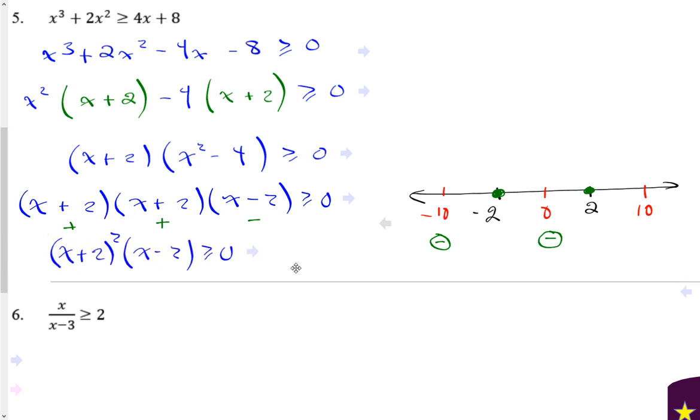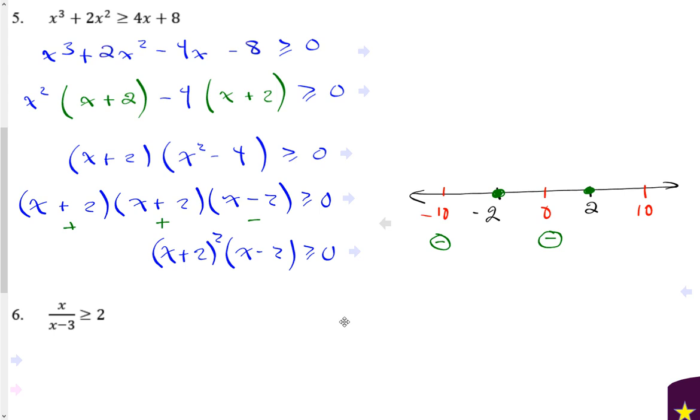So then I see that I have that multiplicity of 2, which means my graph is just barely touching the x-axis at -2, but then it's staying on the same side. So using what you learned in Math 30-1, we know at this point that our graph is going to be curving like this at this point.